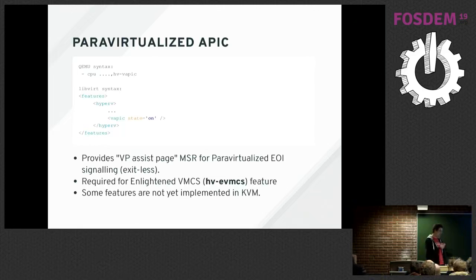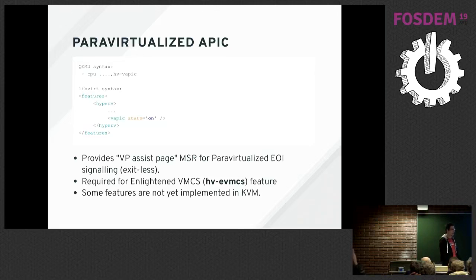But if you do it under the hypervisor, you will get a VM exit, right? Your guest will be stopped, you will drop into the hypervisor, and the hypervisor will basically mark that the interrupt is not pending anymore and resume your guest. It takes time. So the so-called PV end of interrupt was invented.